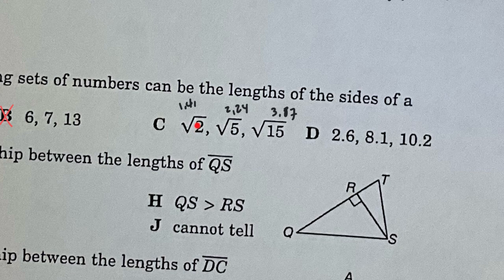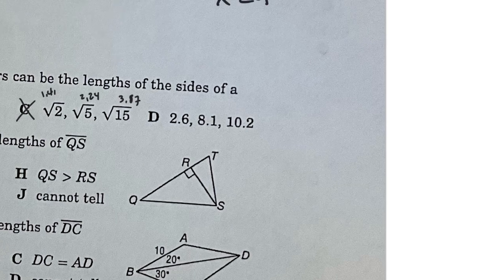Is radical 2 less than the sum of these? Well, yes, certainly. Is radical 2 more than the difference of radical 15 and radical 5? Well, when I do the difference of radical 15 and radical 5, I get 1.6 something. And radical 2 is not greater than that difference. We want radical 2 to be greater than the difference. So this is gone.